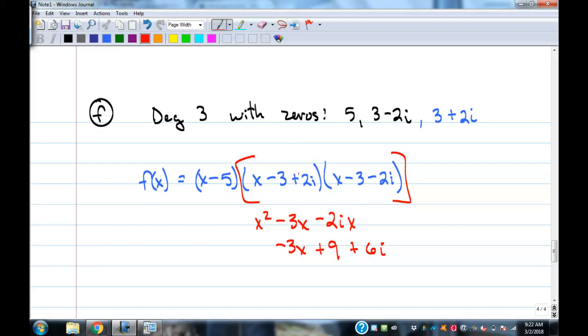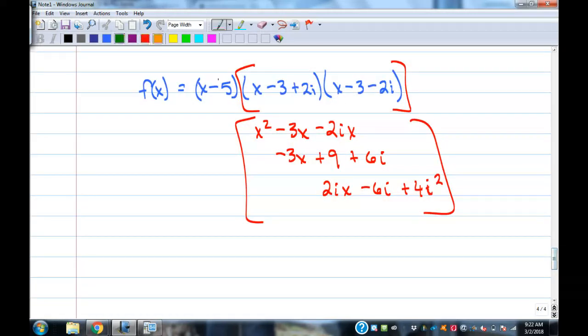Then I distribute 2i to all of those. That's a 2ix and a negative 6i, and then a positive 4i squared, which turns into negative 4, because i squared is equal to negative 1.